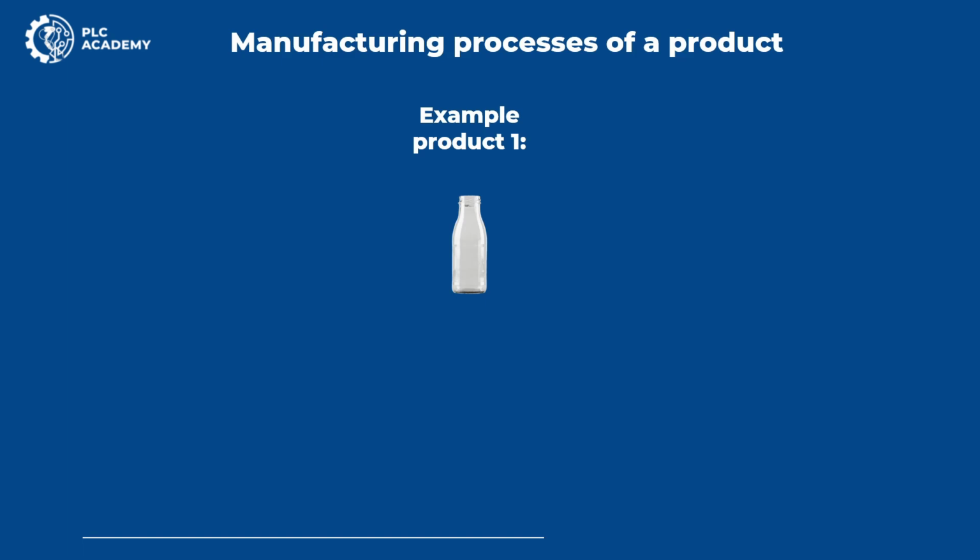No, it is not a glass of milk, but let's focus only on the empty glass. Now think, guys. There's two types of processes for this product. It is the manual process and the automatic process.